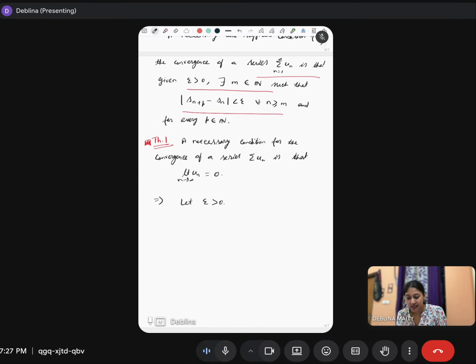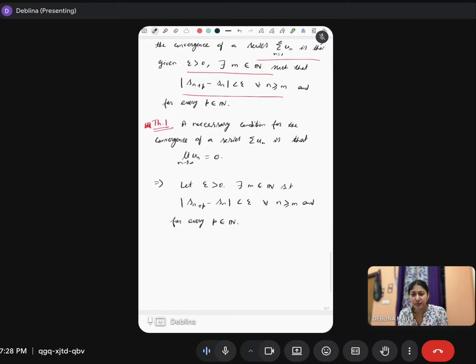Now it is a necessary condition, meaning we are taking that this series is convergent. So this series is convergent means for this given epsilon there exists m belonging to N such that Sn plus p minus Sn is less than epsilon for all n greater than or equal to m, and for every p natural.